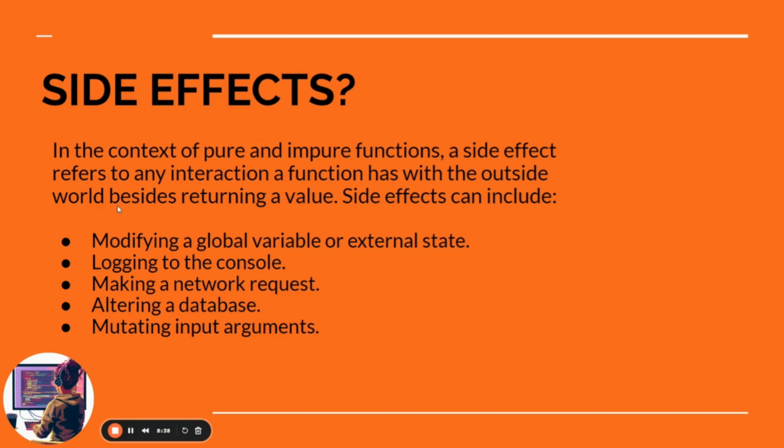If a function, apart from returning a value, is also interacting with the outside world, meaning anything that exists outside of that function, then the function is known to produce a side effect, and that function is not considered a pure function.